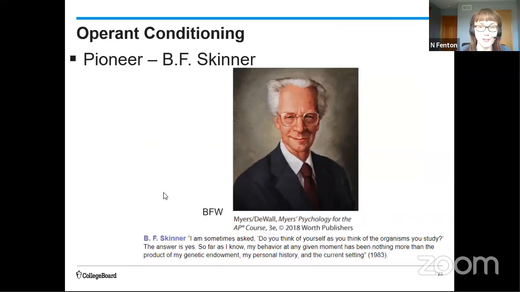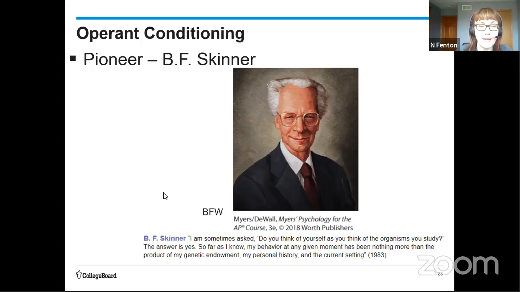And then you have Skinner. And Skinner studied operant conditioning, and he really dramatically expanded upon the law of effect and instrumental learning. But it did still involve a voluntary action on the behalf of the learner, right? So to Skinner, we operate on our environment, and we operate based on experience of previous consequences. So if a behavior in the past was reinforced, we're going to be more likely to repeat it.